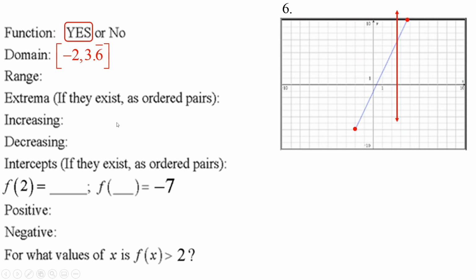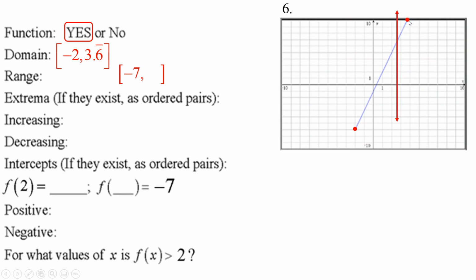Solid dots. Now the range. Now we do the same thing with our lowest y all the way to our highest y. And again, solid dot, so we're going to have brackets again. And what's the minimum y value here? -1, 2, 3, 4, 5, 6. That's a -7, isn't it? And what's the highest y value?